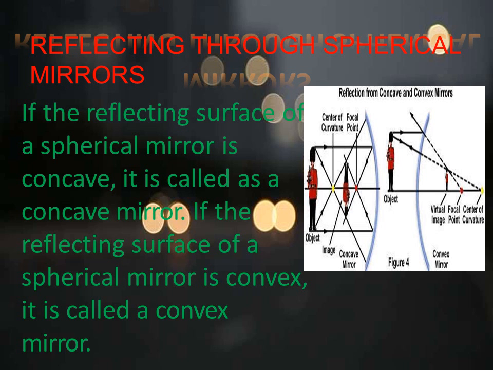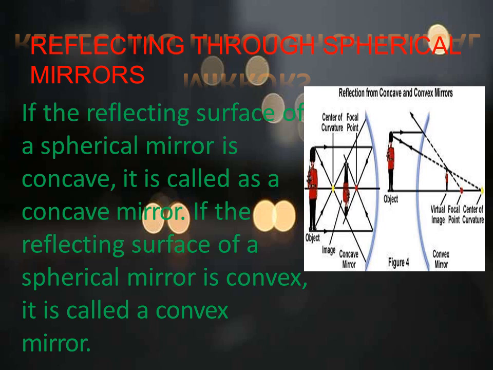So, reflecting through spherical mirrors. As we talked about the plane mirror, let's talk about the spherical mirror. Spherical mirrors mostly include the concave mirror and convex mirror. And looking at these two, lenses have also been made: concave lens and convex lens.